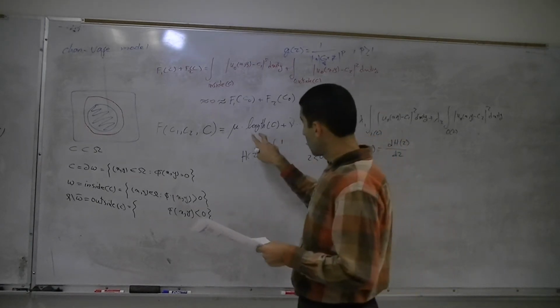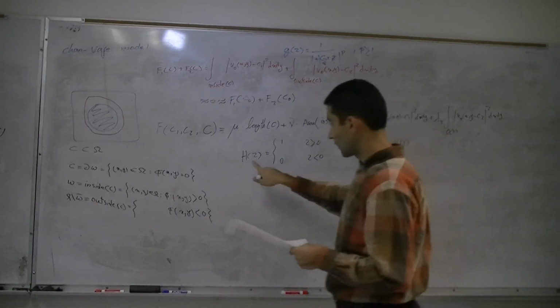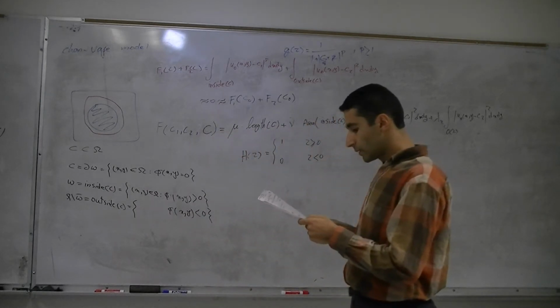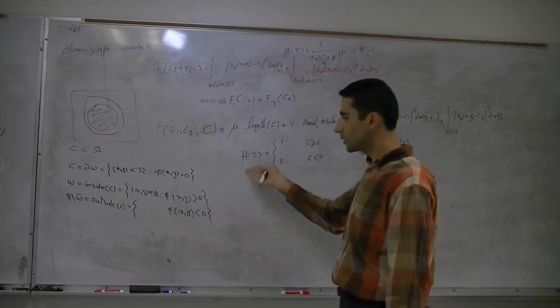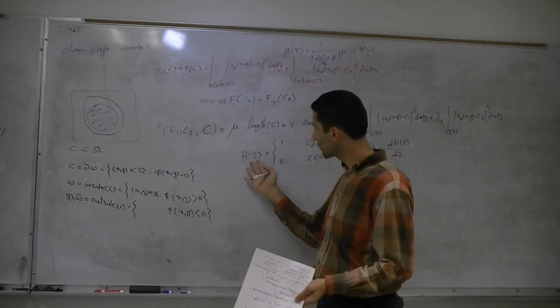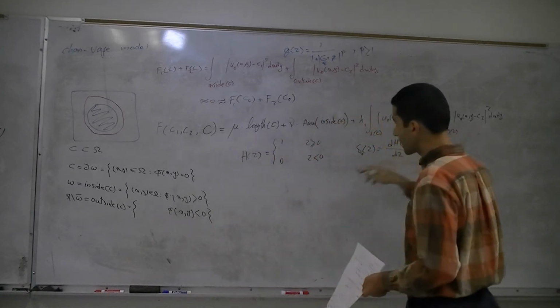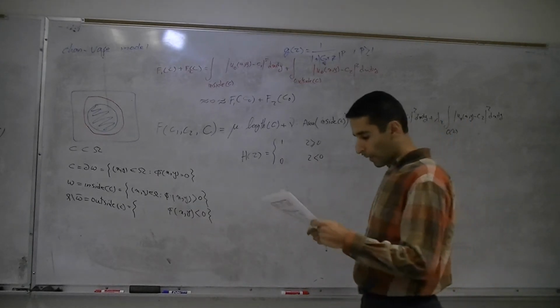If I want to rewrite everything based on this function, the length of C has some parameters. This is the definition of h. Now I want to rewrite everything based on h of c and delta 0 of c.